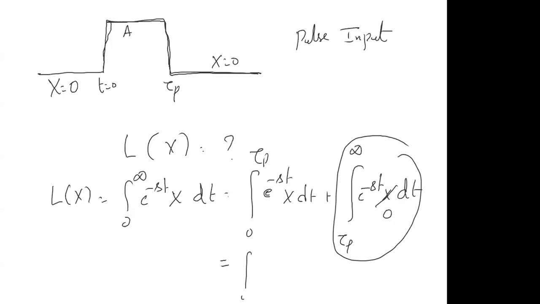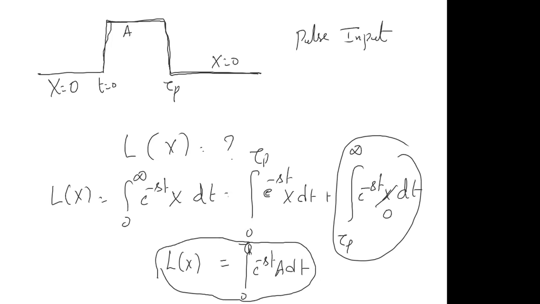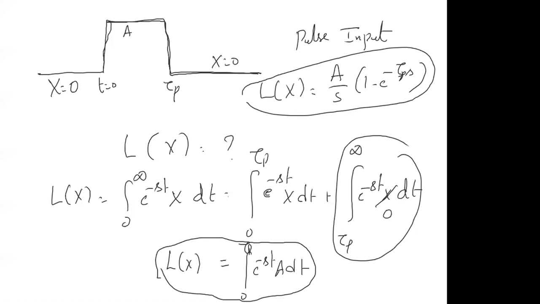So we need the integral from 0 to tau p of e power minus st into dt. If we solve this integral, we get the Laplace transform of x: A by s into (1 minus e power minus tau p s). This is the Laplace transform.